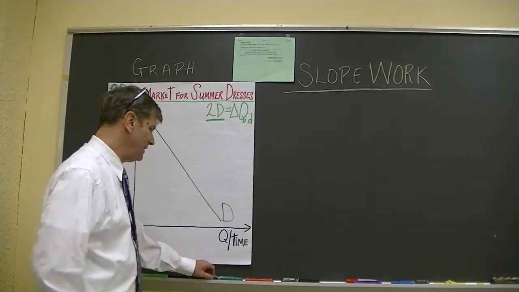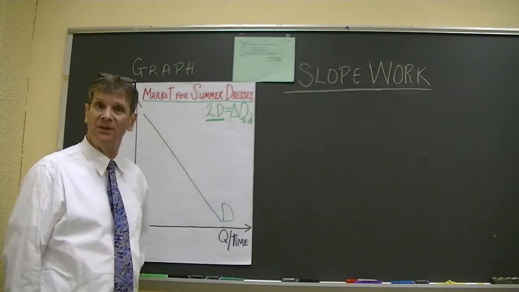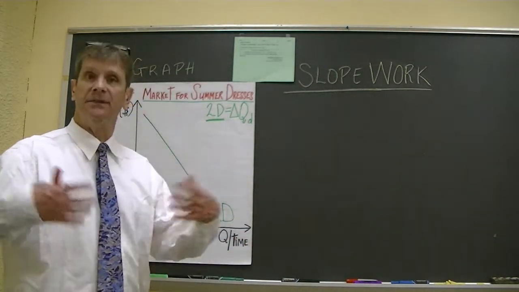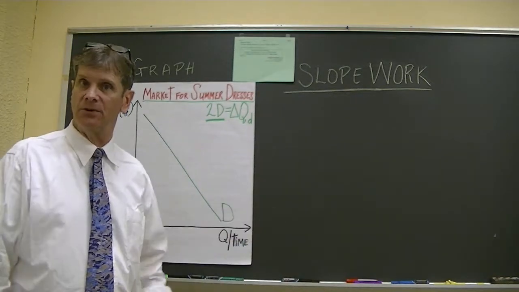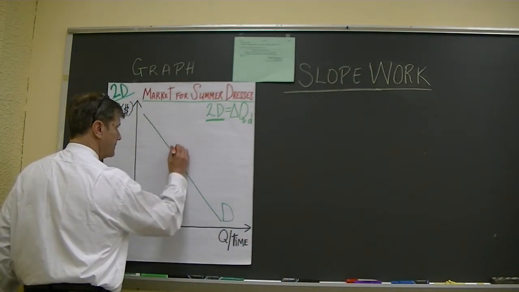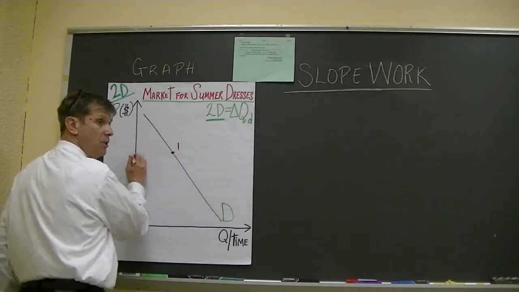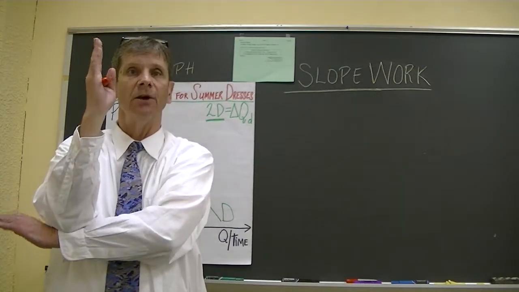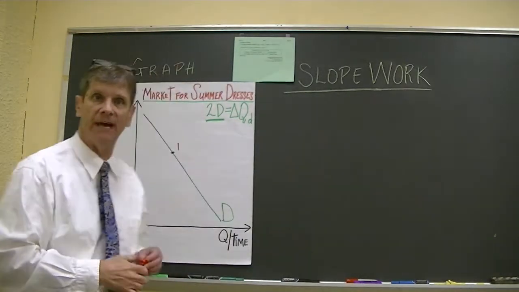Then we're going to pick a couple of points on the demand curve and label the ordered pairs, not with numbers, just with P's and Q's. So if I have point 1, when I move around in the graph, I always want to move in perpendicular or right angle movements, okay?